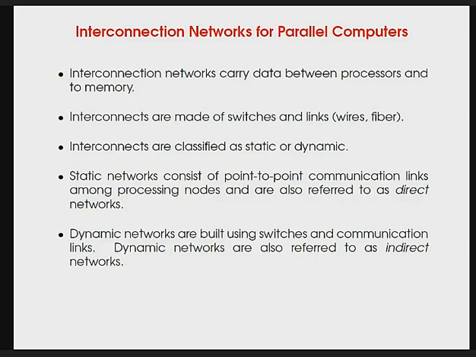So that particular routing should happen. First, processor 1 will communicate with processor 3, and then processor 3 will communicate with processor 5. So for routing purposes, we are using the nodes in the static network, and in a dynamic network for routing we are using the switch.